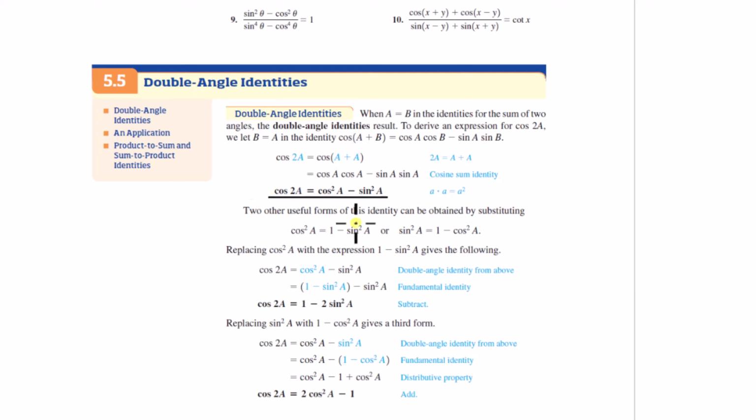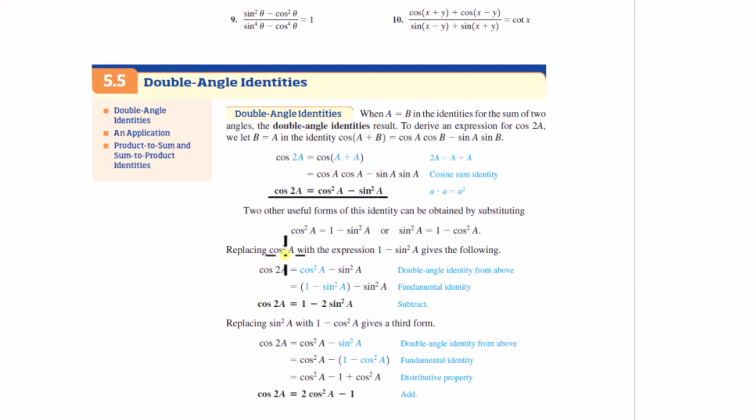Two other useful forms of this identity can be obtained by substituting cosine squared equals 1 minus sine squared. This is from the Pythagorean identity that relates sine and cosine, or sine squared is equal to 1 minus cosine squared. So you can replace the cosine squared with 1 minus sine squared, or the sine squared with 1 minus cosine squared.